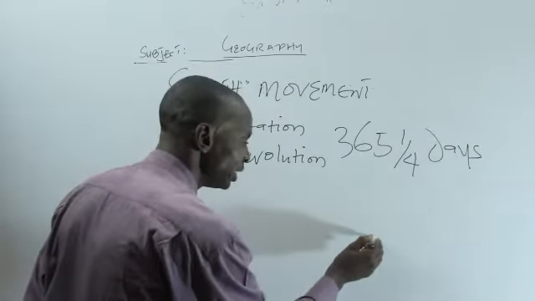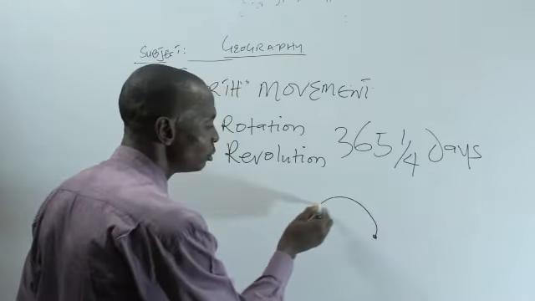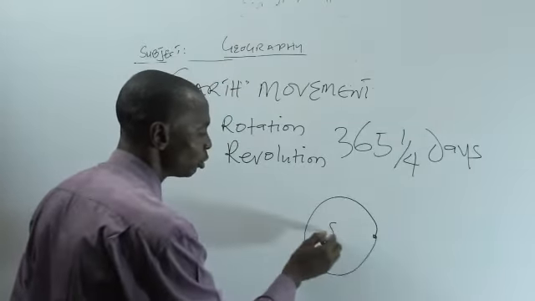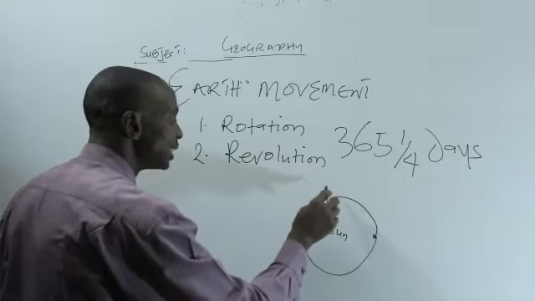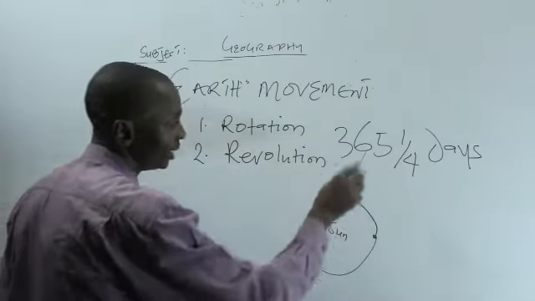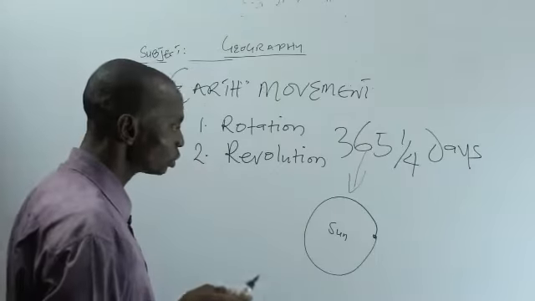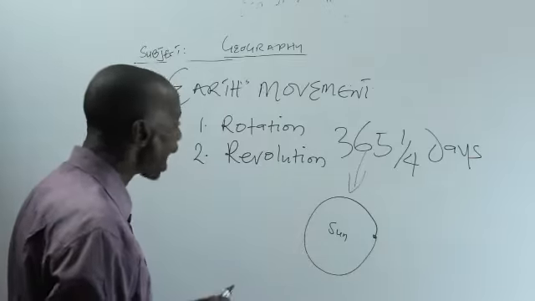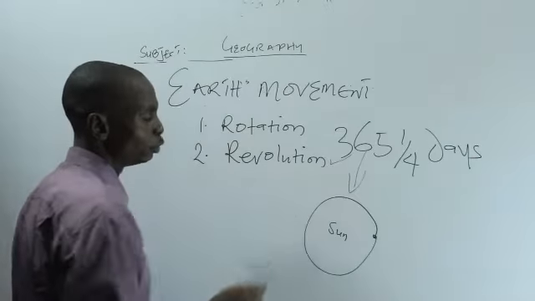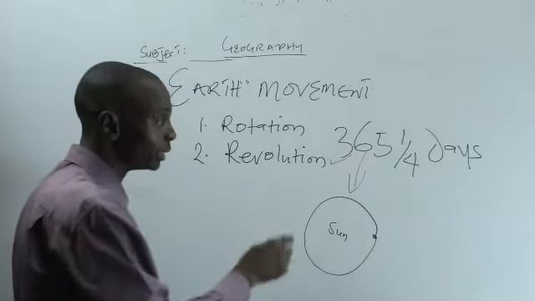That is, if the earth starts its movement today round the sun, this is the sun, it will take the earth 365 1/4 days to do what? To complete one revolution. To complete one revolution, that is movement.